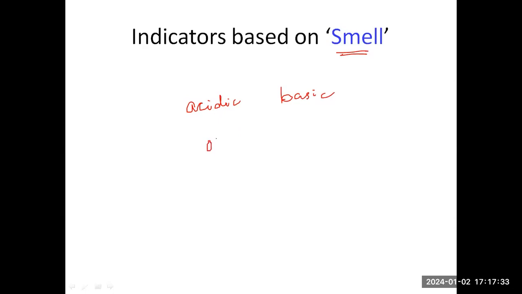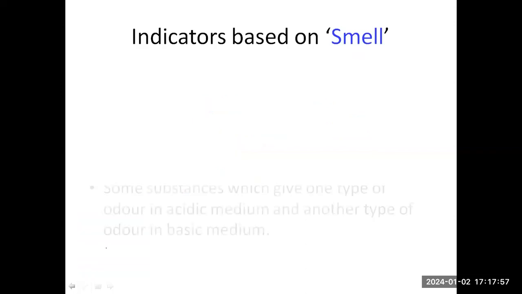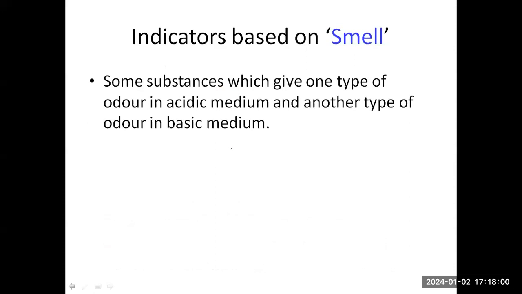So they are also called olfactory indicators, just because we have a nerve connecting the brain and the nose. It helps you sense your surroundings on the basis of smell, right? So that is why they are called olfactory indicators. We'll see some examples.